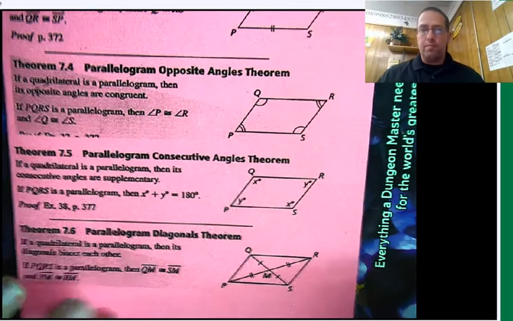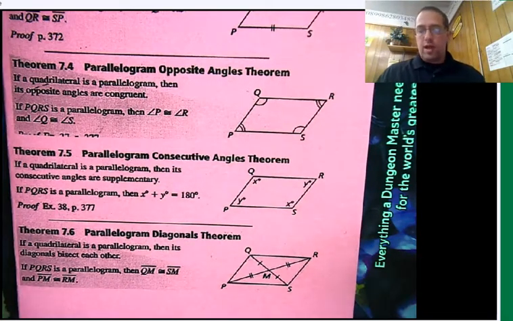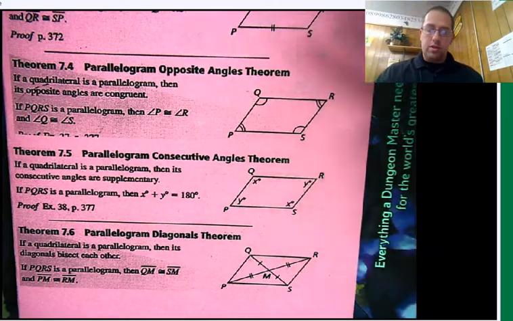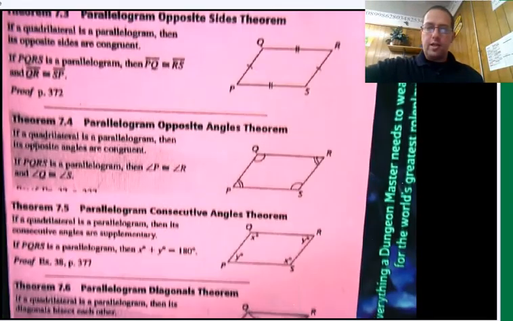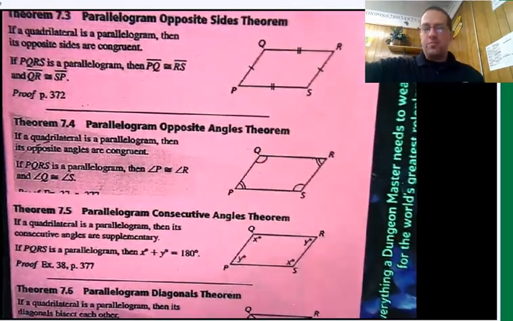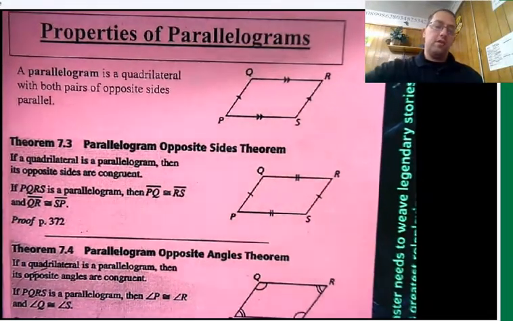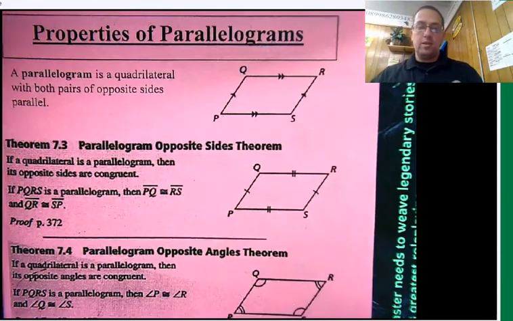It bisects both of them. All right? And so that is probably new. The other three, opposite sides, opposite angles, that you probably already knew, and you should have known the definition: quadrilateral with opposite sides parallel.